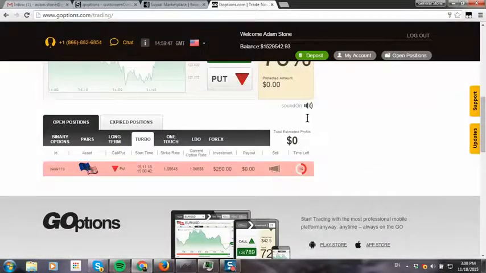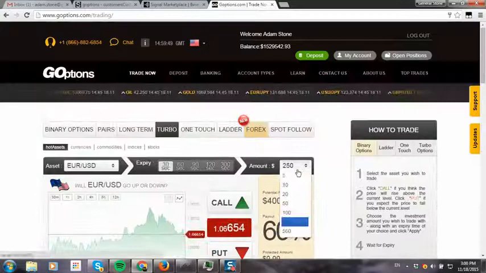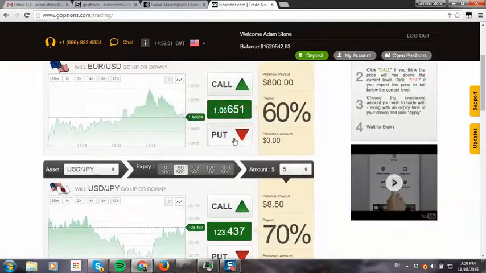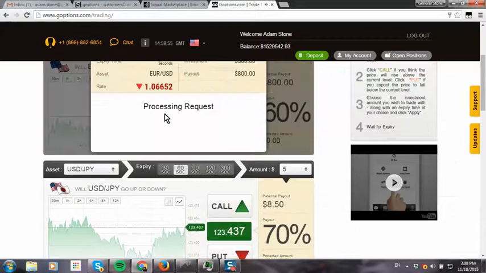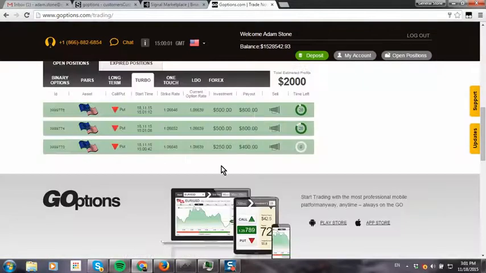And I think I might just take on another couple of trades. One, two. Watch that for another 1 minute. So that 250 trade that I made just before to make my money back that I lost on the last turbo trades.